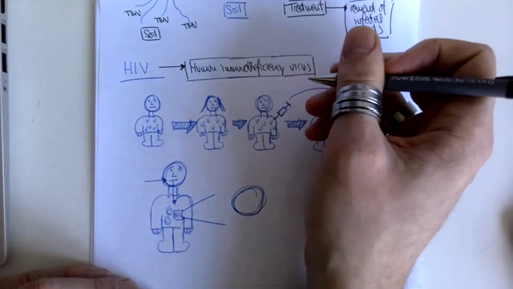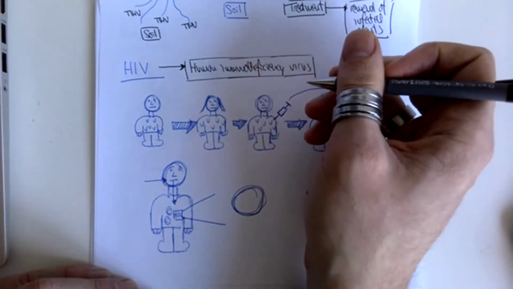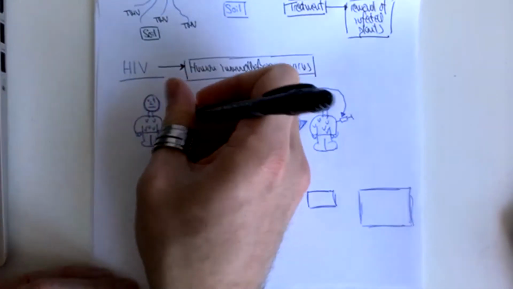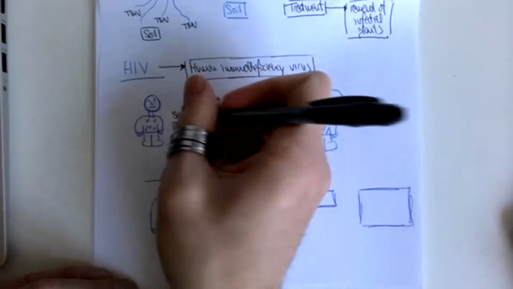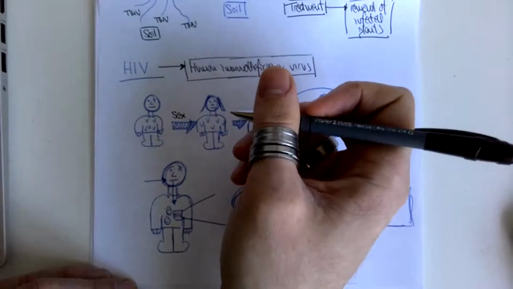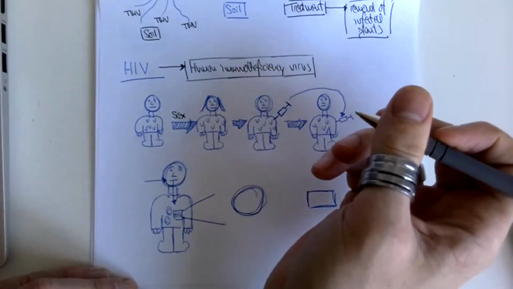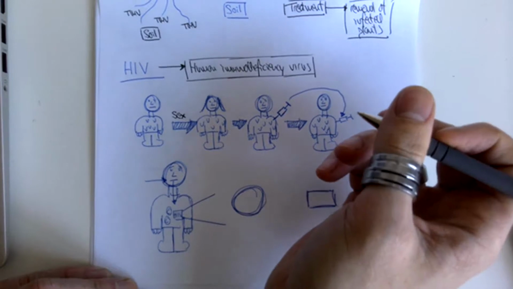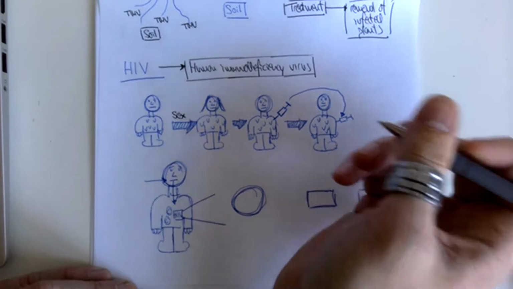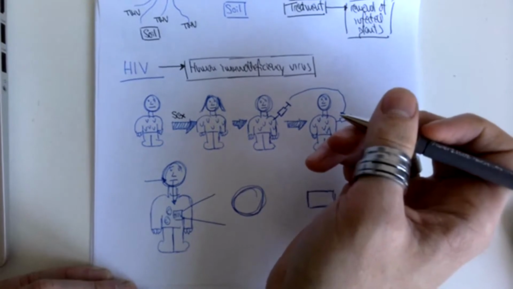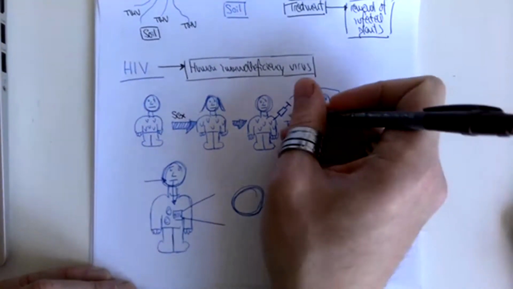Now, the virus itself is primarily caused by sexual contact, but as well as that, it can also be transmitted by blood contact, direct contact between blood when, for example, drug users share needles.